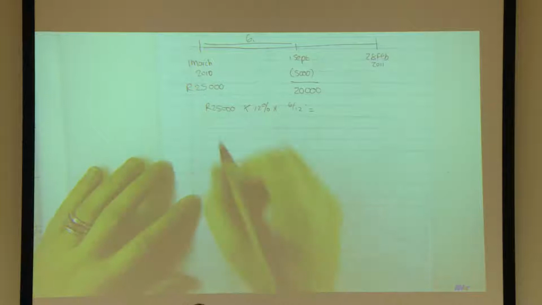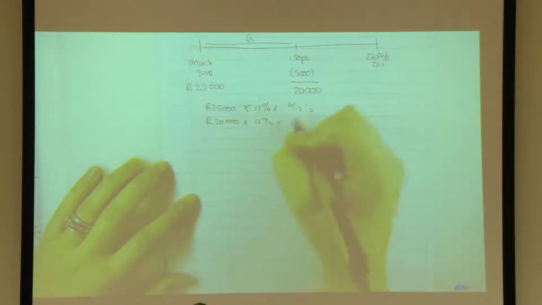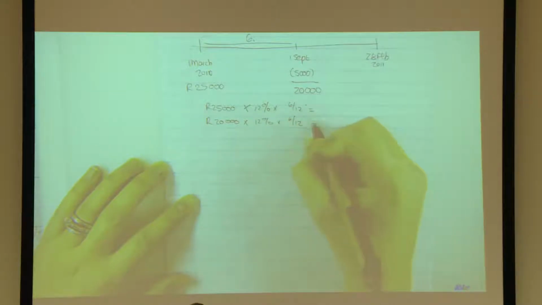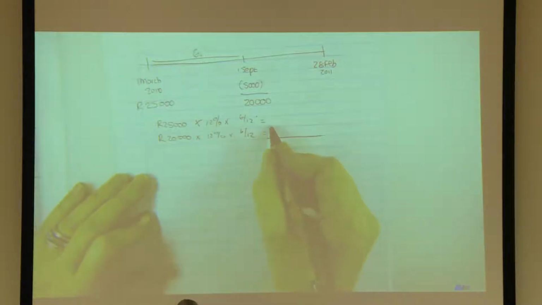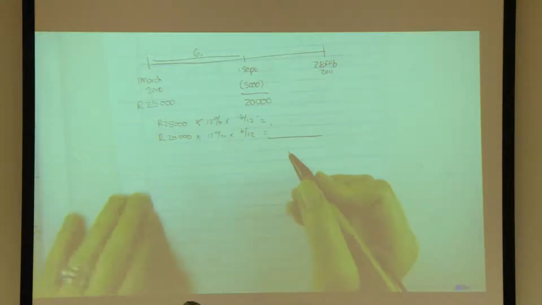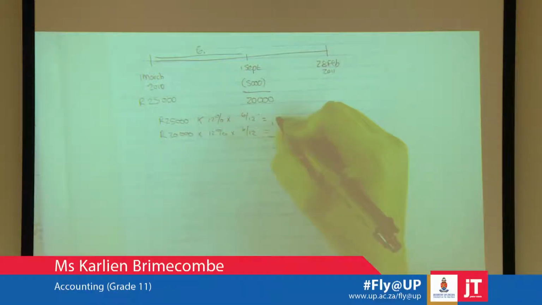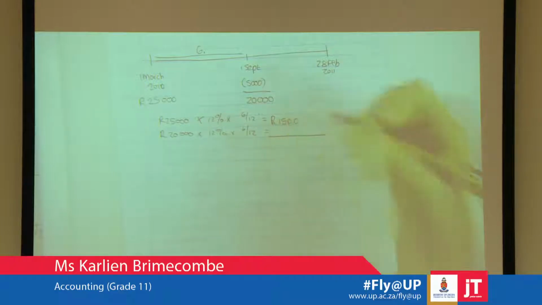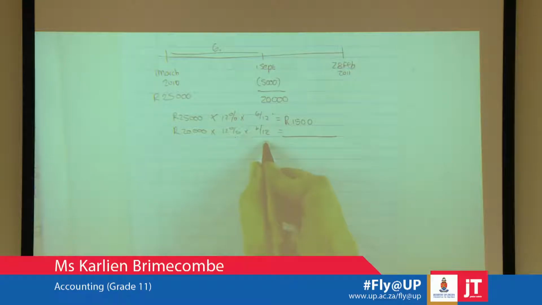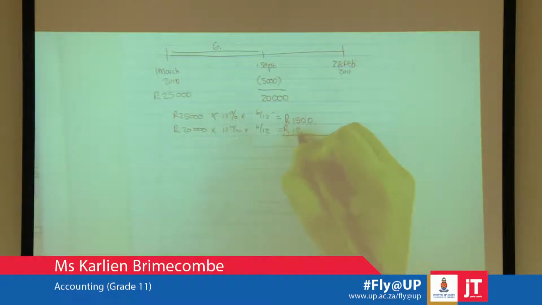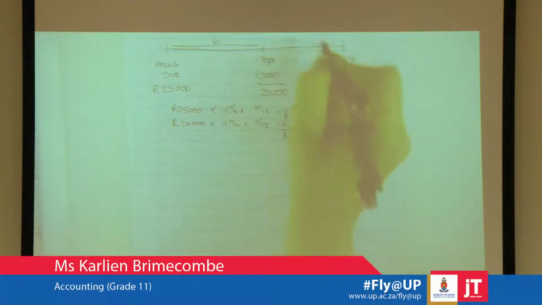And then I have to calculate on 20,000 times 12% times... Right, so 25,000 times 12% times 6 over 12 equals 1,500. 20,000 times 12% times 6 over 12 equals 1,200. So what is the total interest for this accounting period?